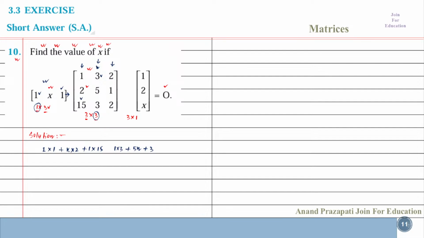And the third element here will be 1 into 2 equal to 2, and plus x into 1 equal to x, and plus 1 into 2 equal to 2.